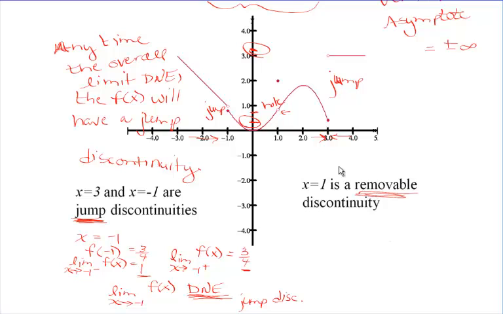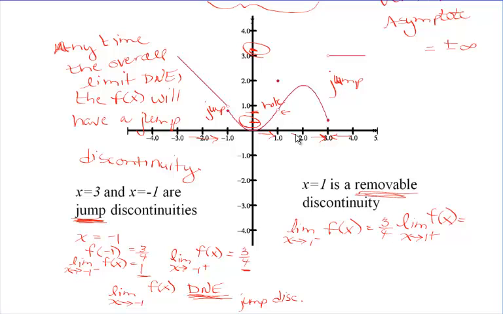So let's explore what's happening here at x equal 1. This is a removable discontinuity. So let's look at our one-sided limits. The limit as x approaches 1 from the left of this function equals that 3/4 value. That's what it appears like to me. As we approach 1 from the left, the output value is what we called a while ago 3/4. Now let's look at what's happening as we approach 1 from the right on this function.